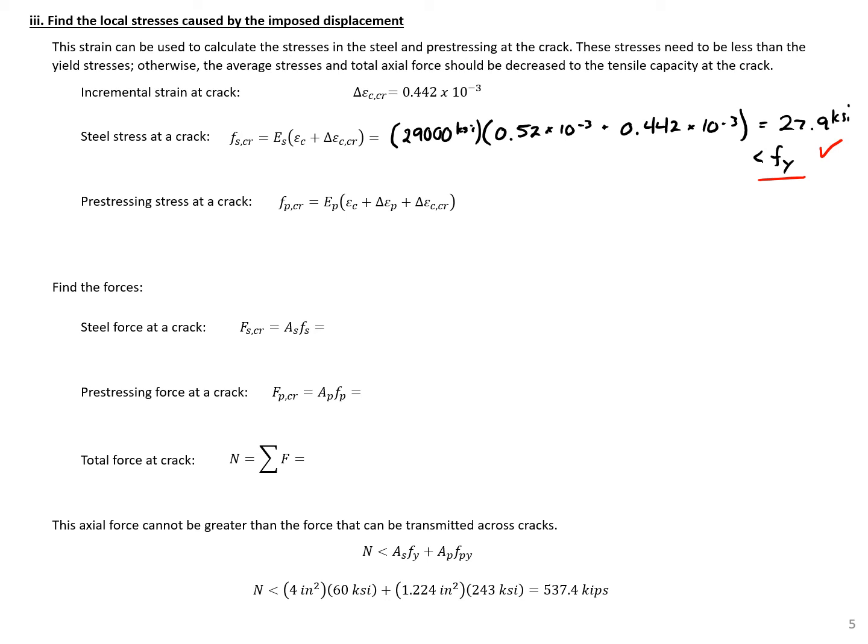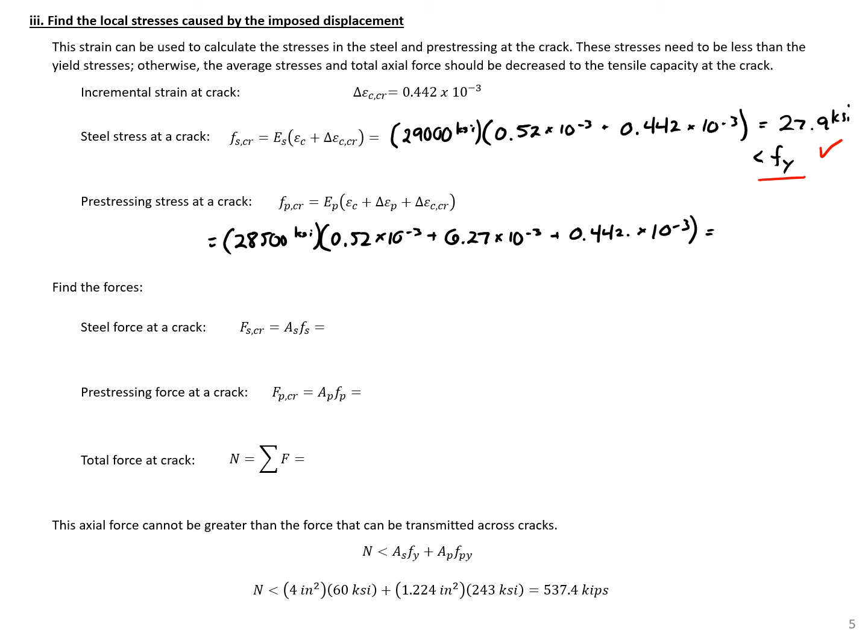In the pre-stressing at a crack, we'll have 28,500 times the average strain in the column, 0.52 times 10 to the negative third, plus our locked-in strain, 6.27 times 10 to the negative third, plus this additional strain at a crack, 0.442 times 10 to the negative third.